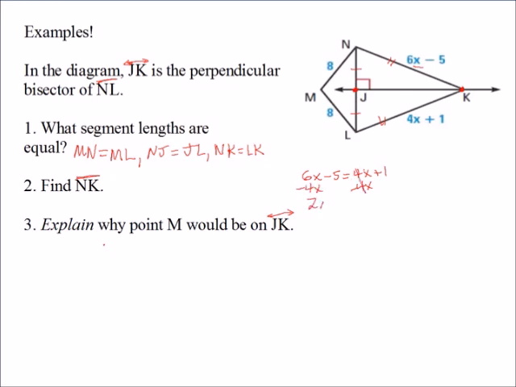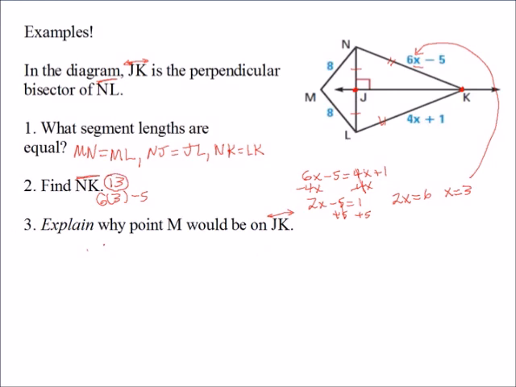You have 2X minus 5 equals 1. So you have plus 5 and plus 5. Those cross. 2X equals 6. So X equals 3. But I want to know what NK is. So this 3 is going to go right here. I have 6 times 3 minus 5. So we know that NK has to be 13.